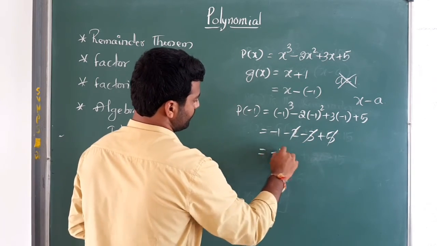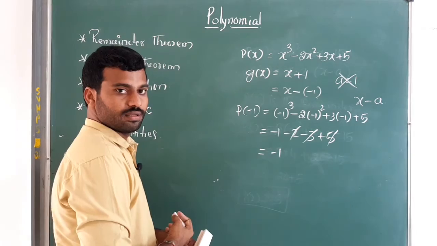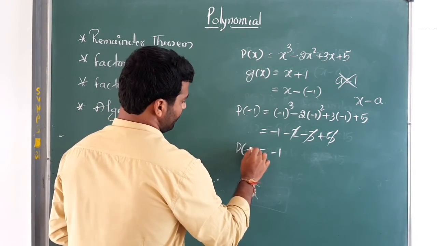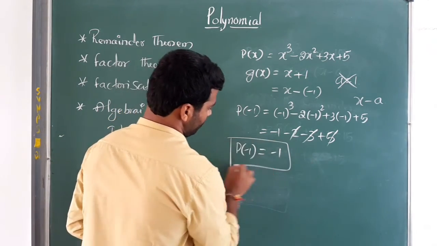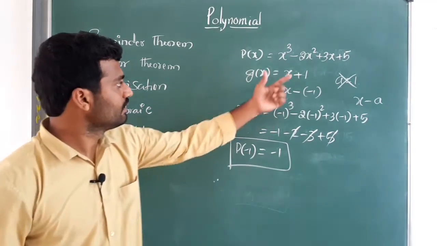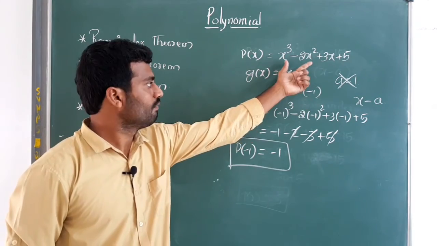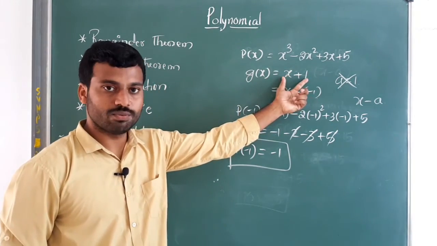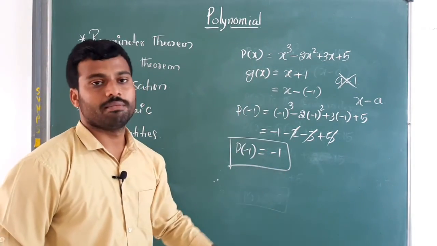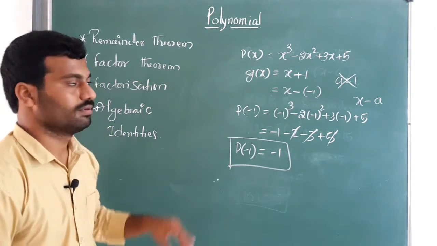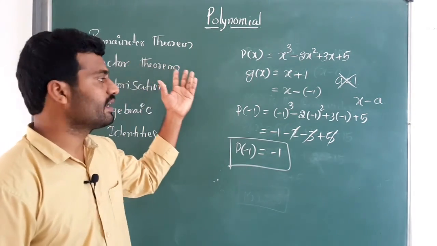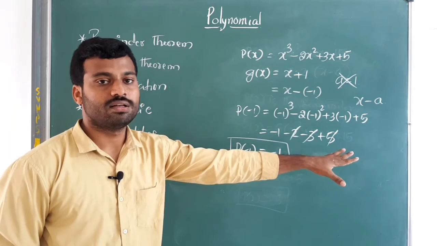It cancels. Minus 1. So p of minus 1 value is minus 1. That is the remainder when we divide this polynomial by this one. Very useful.